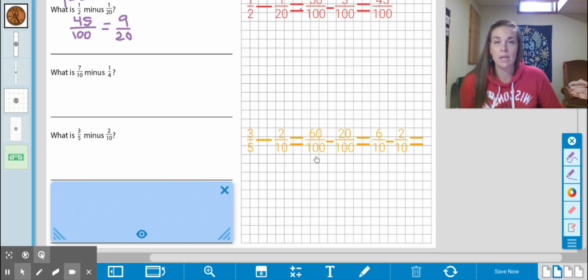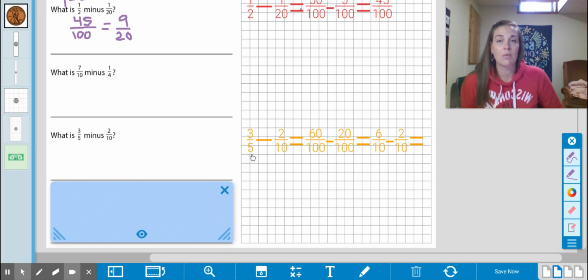All right, when I rewrote my equation, 3/5 of a dollar, well, a fifth is 20 cents. So if I have 3 groups of 20 cents, I have 60 cents. 2/10 is the same as 20 hundredths, 2 dimes, right? So 60 hundredths minus 20 hundredths. Maybe you also notice that fifths and tenths are pretty closely related.